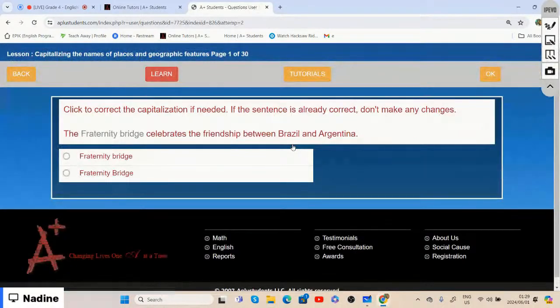So we need to click to correct the capitalization if needed. It says the fraternity bridge celebrates the friendship between Brazil and Argentina.